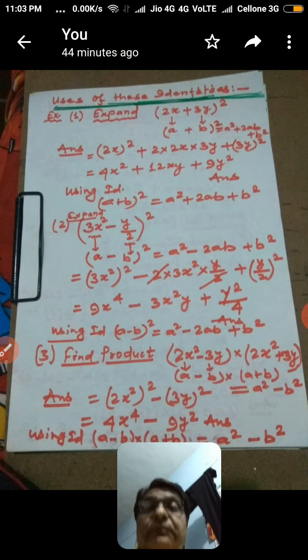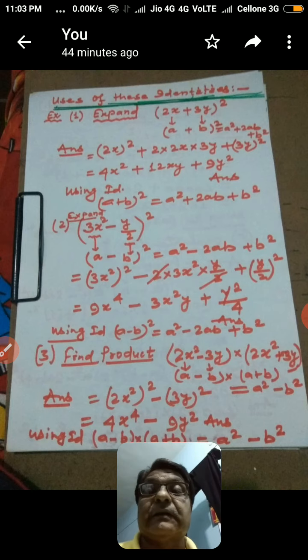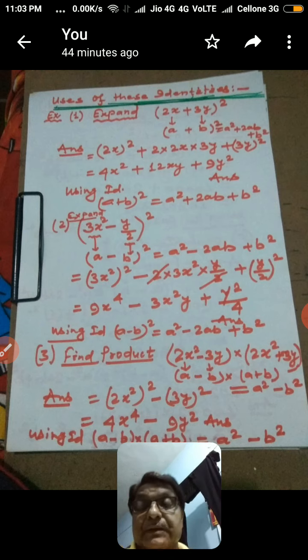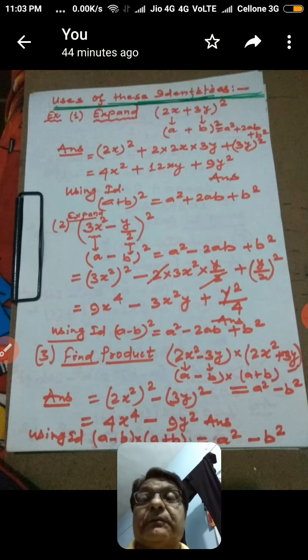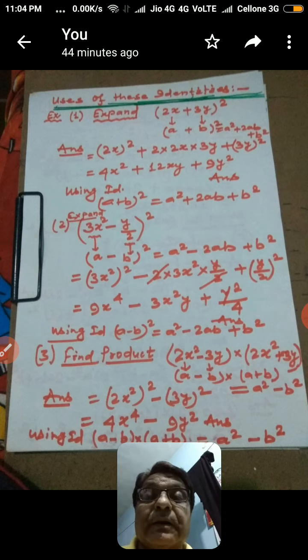You have just discussed the result when we have (a + b) whole square: it is written beside it, equal to a square plus 2ab plus b square.